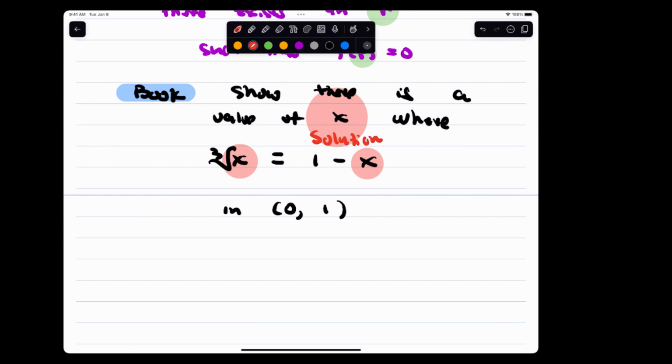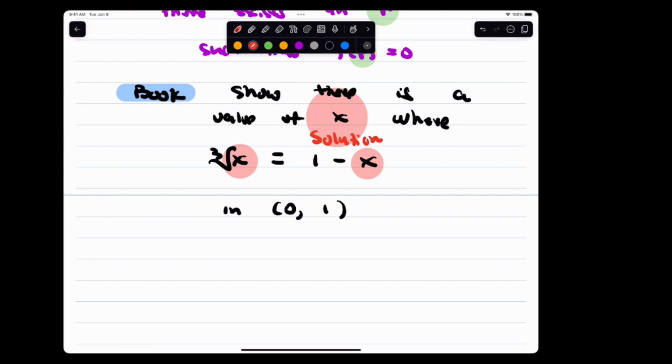Because, ladies and gentlemen, if you were to try to solve this, there's really no way you can solve this equation. There's no algebraic way to solve the cube root of x equals 1 minus x. Can I solve it by factoring? No. Can I solve it by any other algebra?